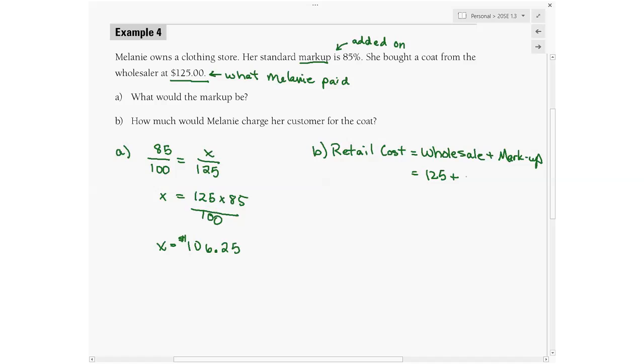She's going to add on $106.25 to cover her costs, and that's going to cost then $231.25. So Melanie charges $231.25.